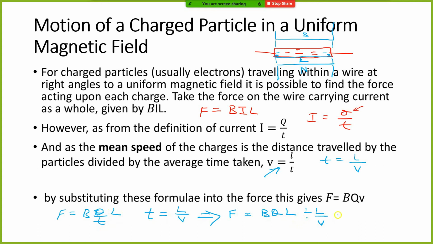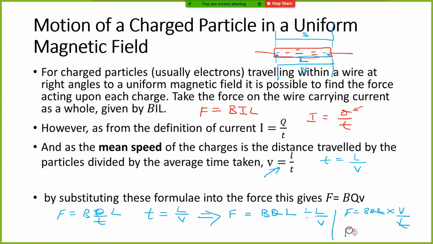Whenever we're dividing fractions, we normally find the reciprocal. So here we have force is equal to B times Q times L, and we're going to multiply by the reciprocal, which is V upon L. Now here we see that L and L cancel out.